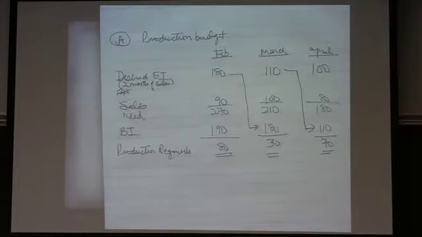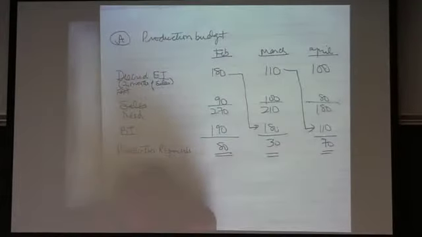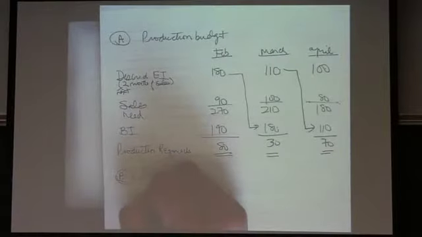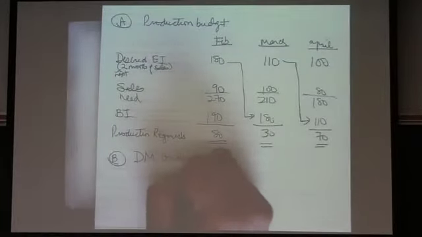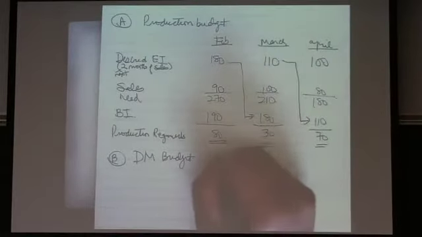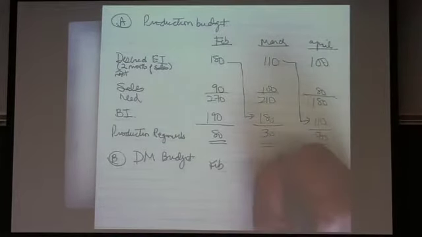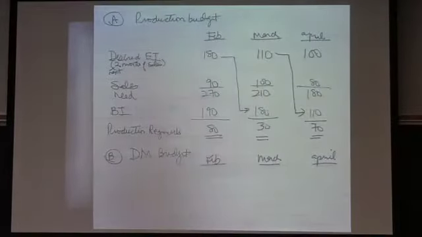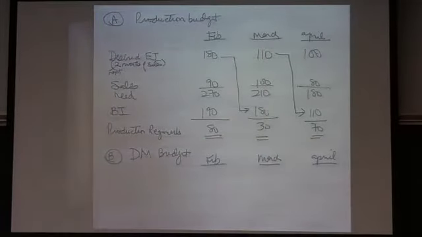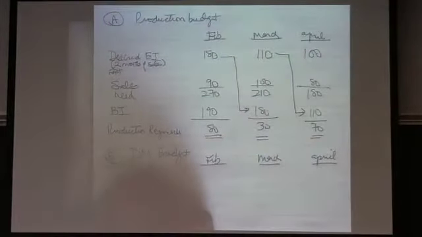Okay. Now, part B says, let's prepare the direct materials budget. Again, I'm going to use the same 3 columns, February, March, and April. How much do I need to plan usage?